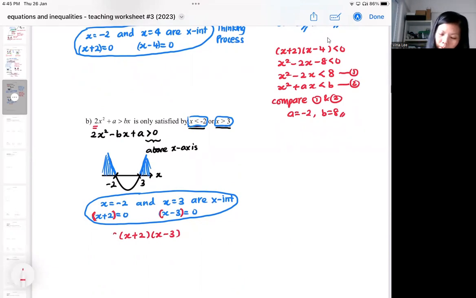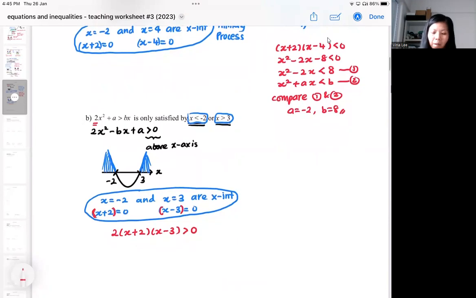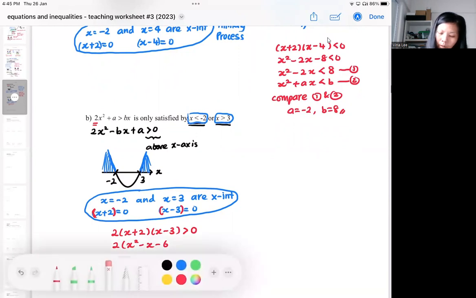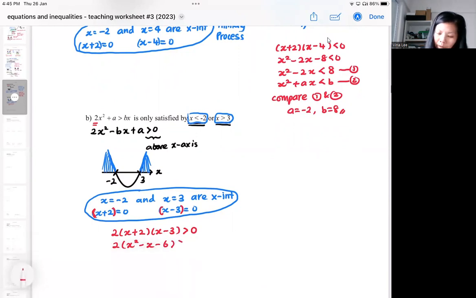So I've got to introduce a 2. This is the function that I came up with, and I'm going to do my usual expansion.